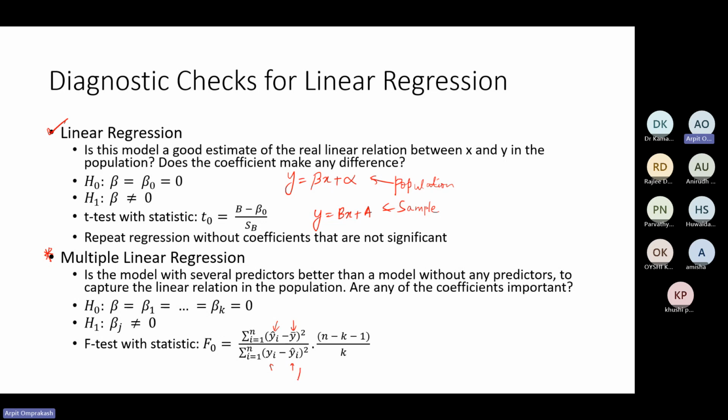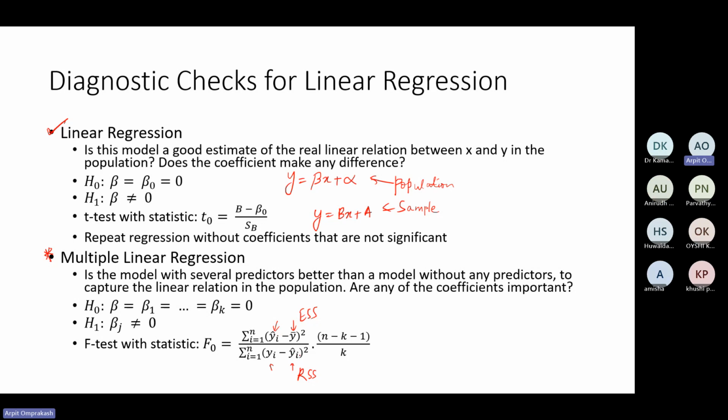So this is our RSS, or explained sum of squares, and this is our ESS, the error sum of squares. How much is explained by the model, divided by how much is the error that is not explained, or the residual error. Then we multiply this by (n minus k minus 1) divided by k, where k is the number of variables and n is the number of data points that we have.